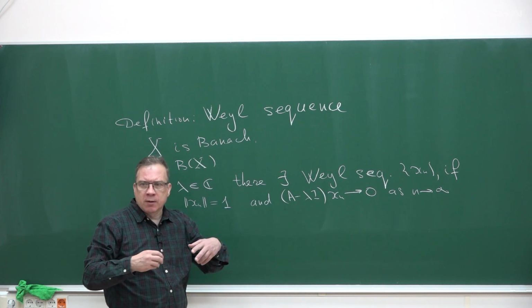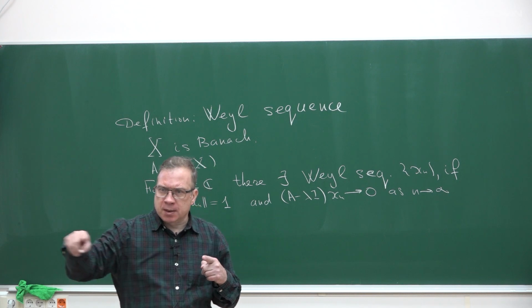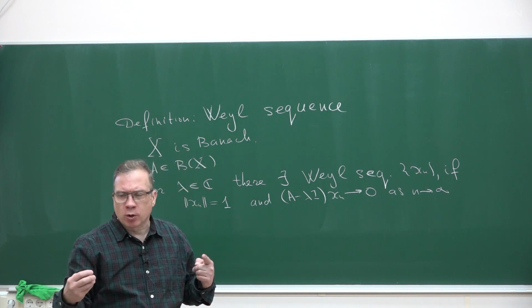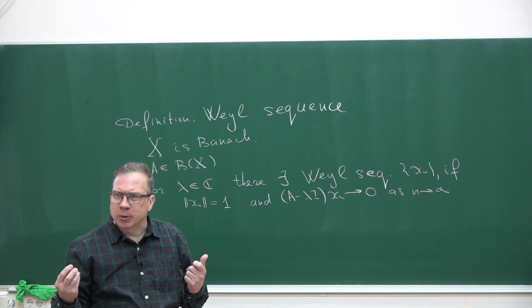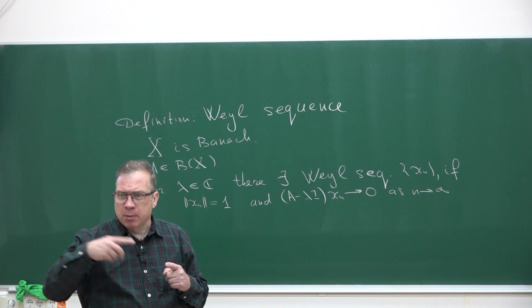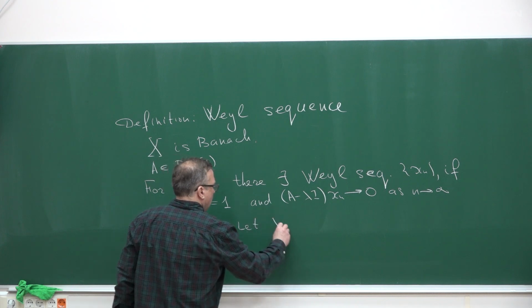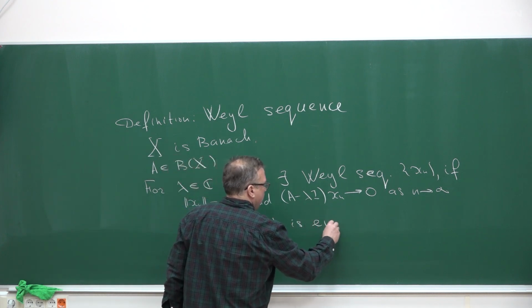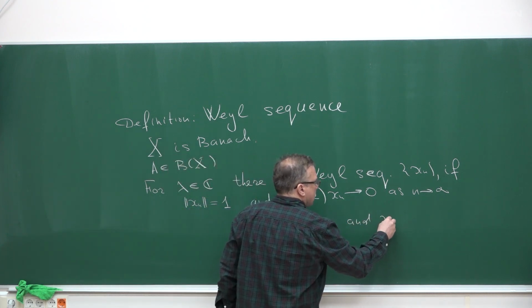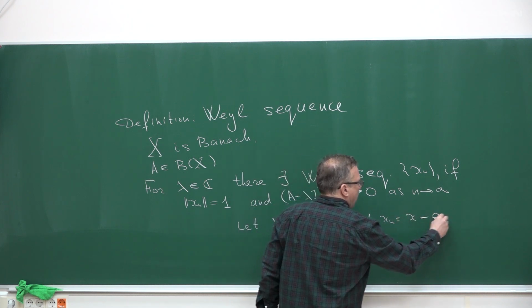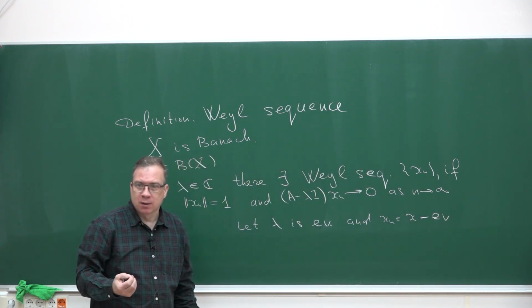So, for example, if we take a sequence of eigenvectors, where lambda is an eigenvalue and xn equals the eigenvector, what do we have?